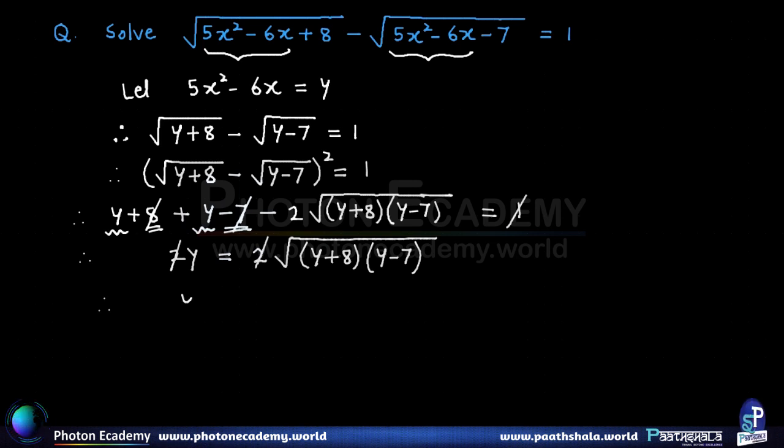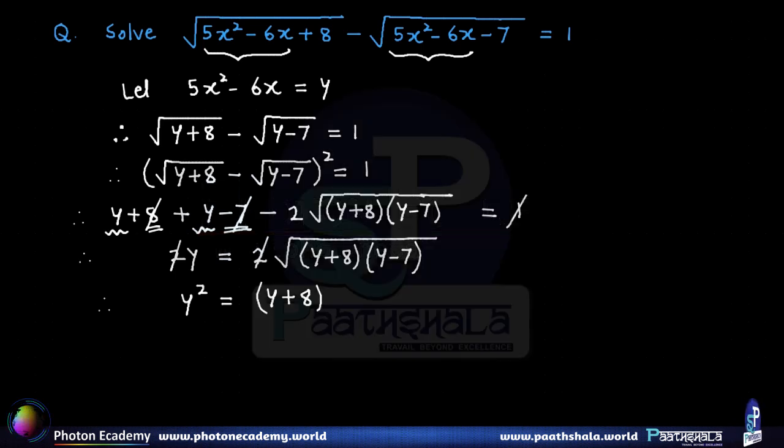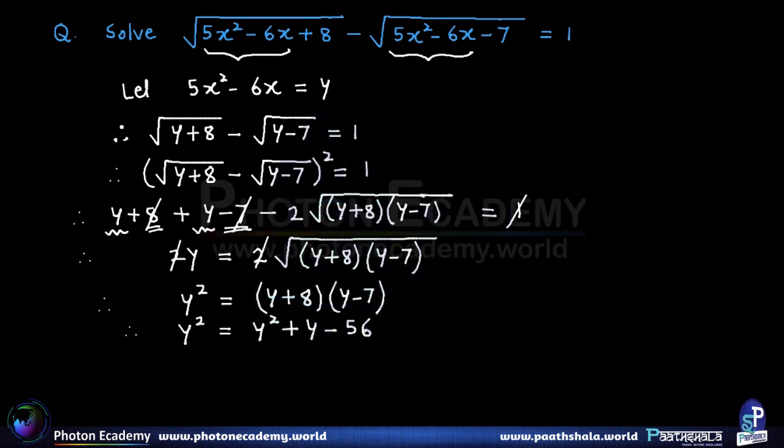Now once again we square, and we get y square equals y plus 8 into y minus 7. On expanding the right hand side we have y square plus y minus 56, which is equal to y square. So y square gets cancelled, and finally we are left with y equal to 56.